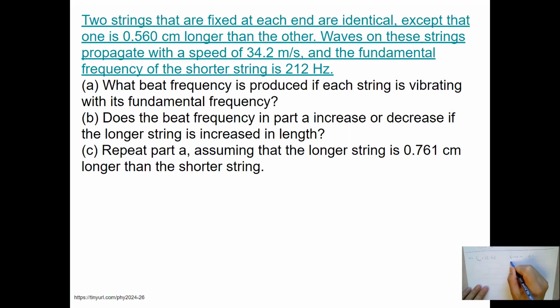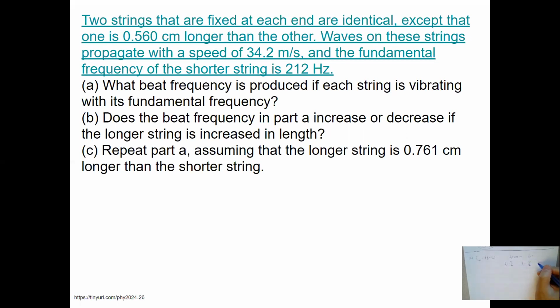For the fundamental frequency, F2 should be equal to the speed divided by 2 times L2, because the strings have both ends fixed. That's the equation you want to use for the fundamental frequency. And for F1, it will be V divided by 2 times L1.